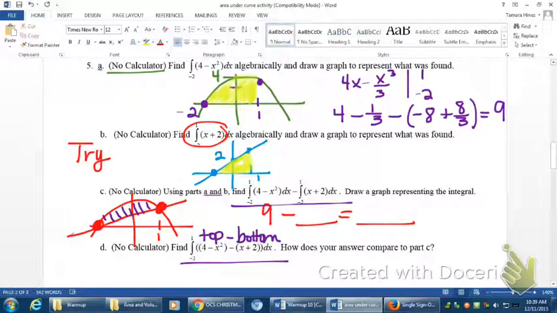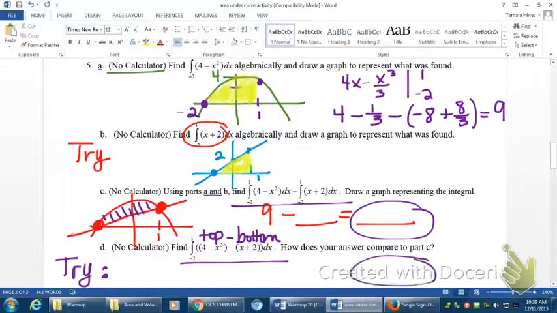So whatever you get in C, what I want you to do is to work out D algebraically, where you find the antiderivative and plug in the values and solve. And you're supposed to get the same answer here that you got in C. So those two answers should be the same if you work it out. Basically what I'm trying to tell you is if you want to find the integral between two curves, you take the top and you take the bottom, you subtract them and do the integral from where they intersect.